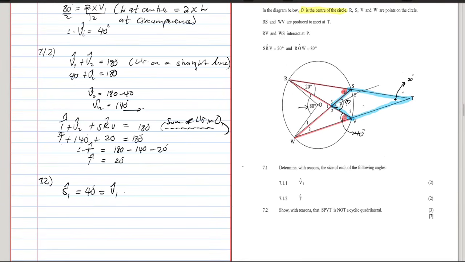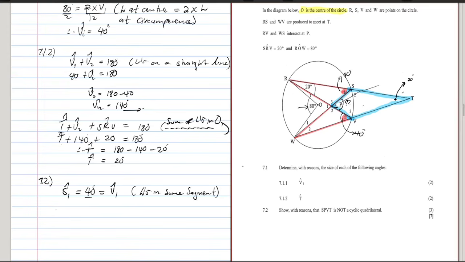The S1 is equal to the V1. They are both equal to 40 degrees. Why? These are angles in the same segment. That's 40 degrees. So here we get 40 degrees.